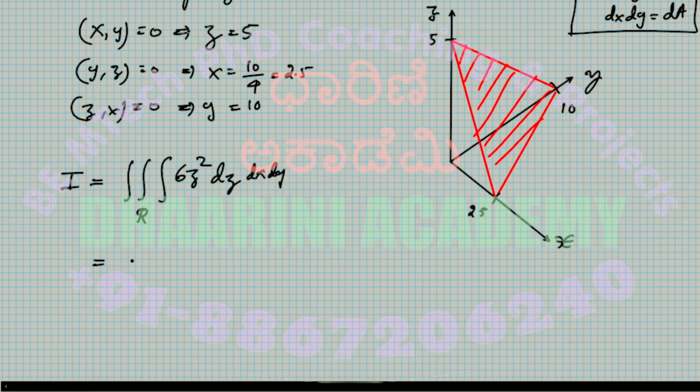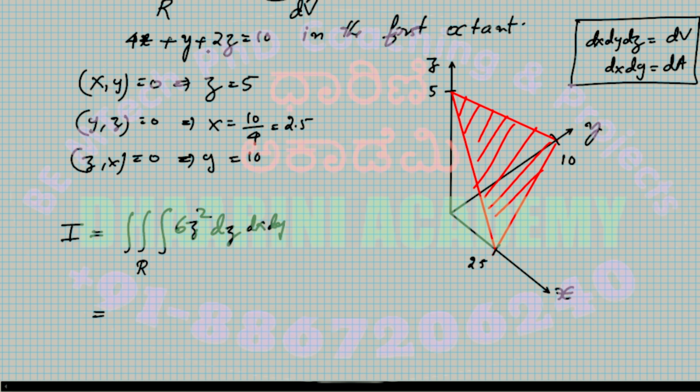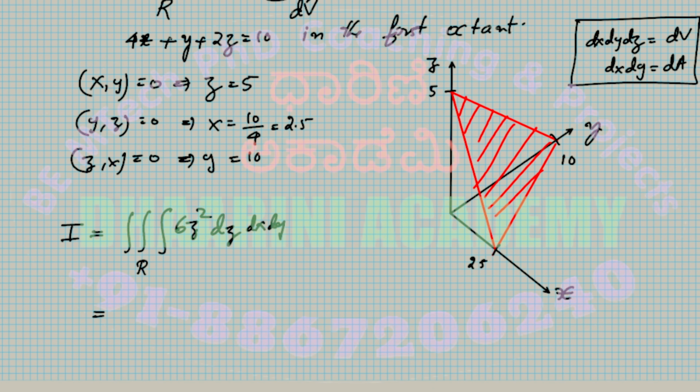What I try to do is find out the range for z. Anyway, the minimum of z is 0. That is known to us. What is the maximum of z that I can find using this equation? That is the equation of z. Is it fine? Right.